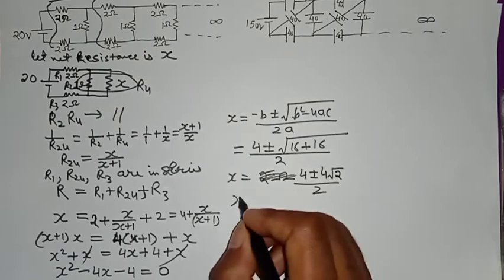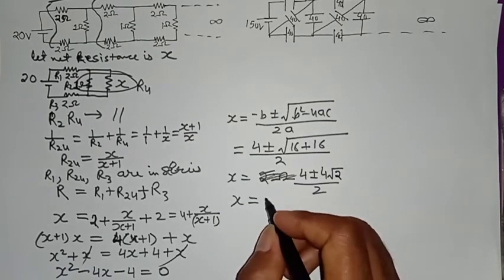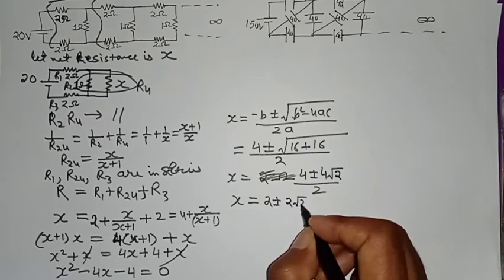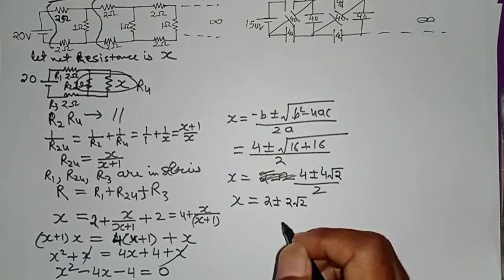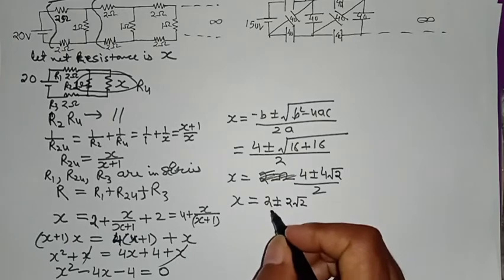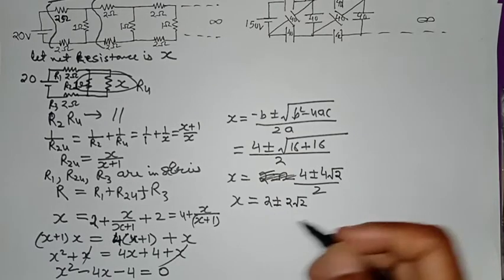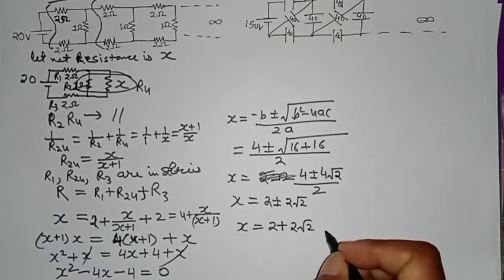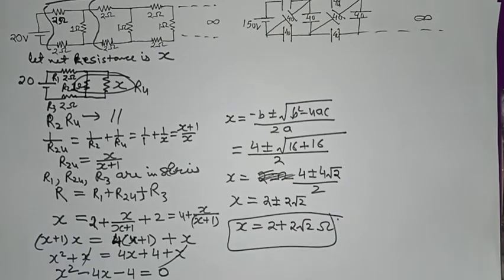Okay, now I'm okay. So x equal to 2 plus minus 2 root 2. And see, it is unnecessary to take the negative sign. That is meaningless. So x will be 2 plus 2 root 2 ohm.